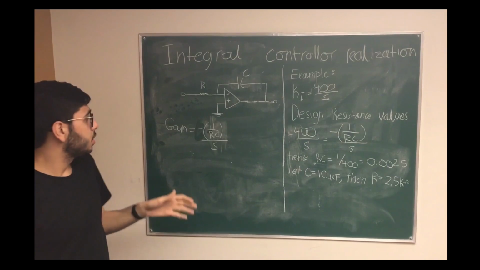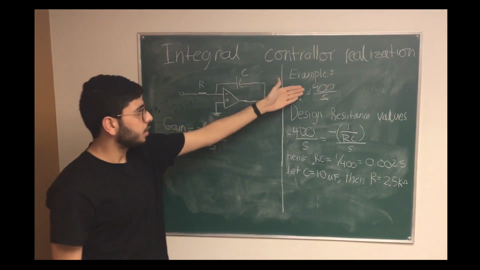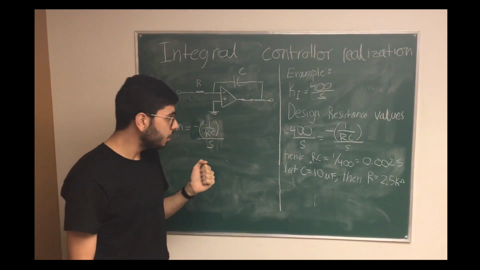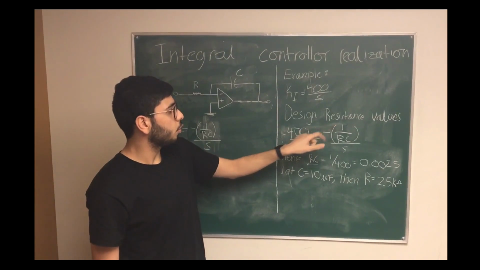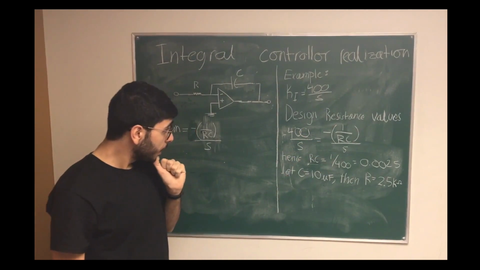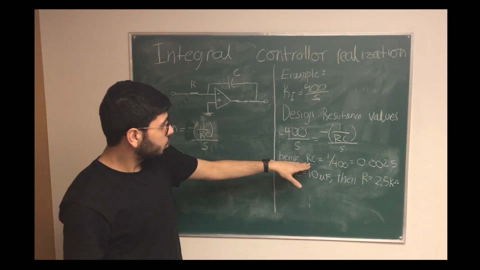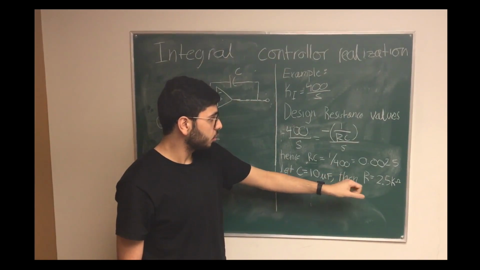So all we have to do is set these gain equations equal to each other, multiply this by negative, since we're going to be inverting it again back to positive values, so we get this equation, negative 400 over S equals negative 1 over RC divided by S. And by using simple math, you reach this stage where you have RC equal to 1 over 400, which gives us a value of 0.0025.